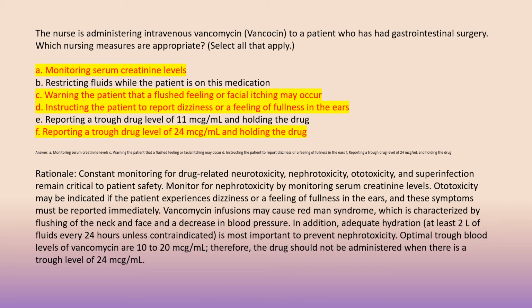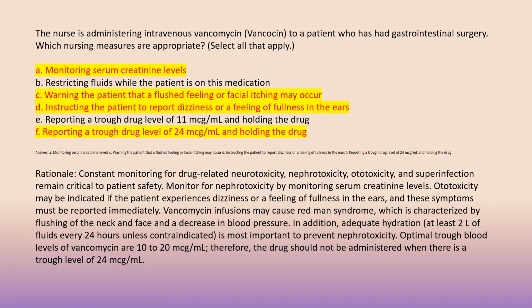Monitor for nephrotoxicity by monitoring serum creatinine levels. Ototoxicity may be indicated if the patient experiences dizziness or a feeling of fullness in the ears, and these symptoms must be reported immediately. Vancomycin infusions may cause red man syndrome, which is characterized by flushing of the neck and face and a decrease in blood pressure.